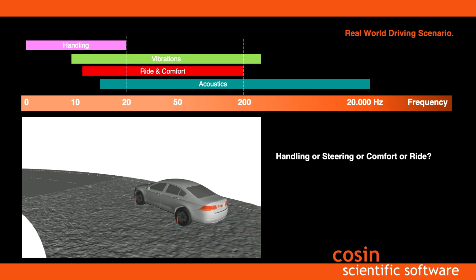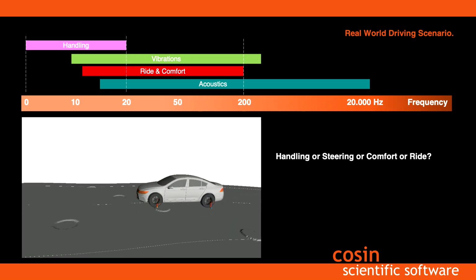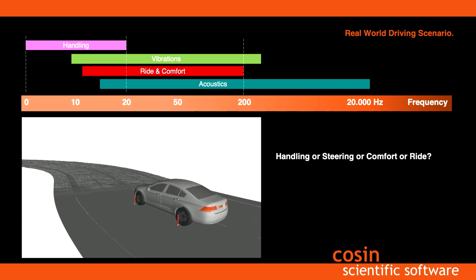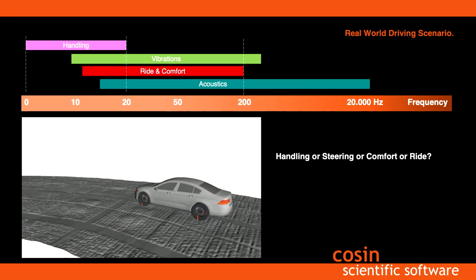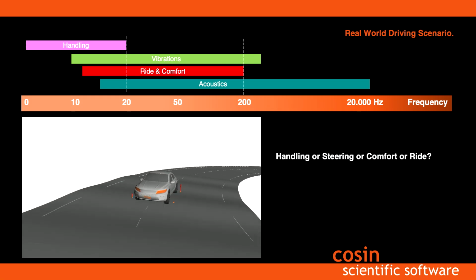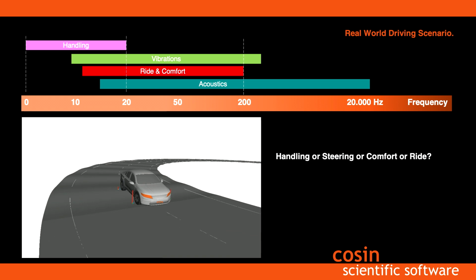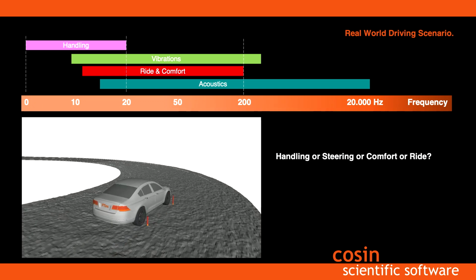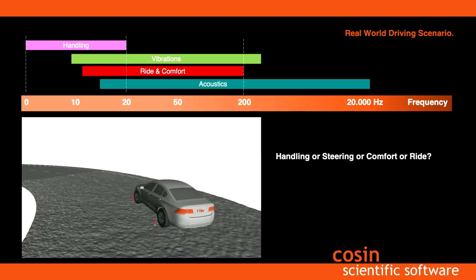Talking about application cases, we have seen many presentations regarding handling. The typical handling applications go up to 10 or 20 hertz. We have heard from Multimatic that they're running the first simulations also in a driving simulator up to 100 hertz, at least from the tire perspective.